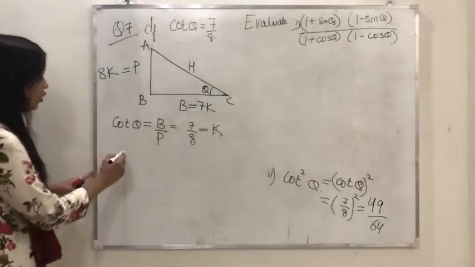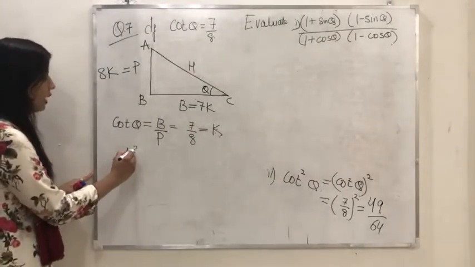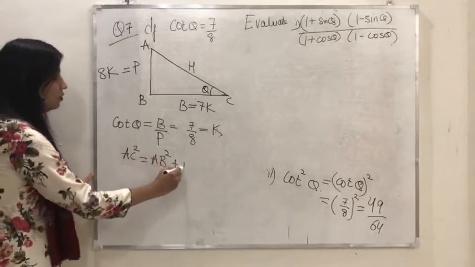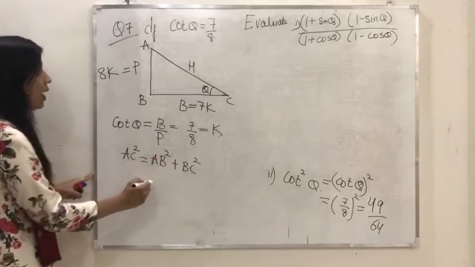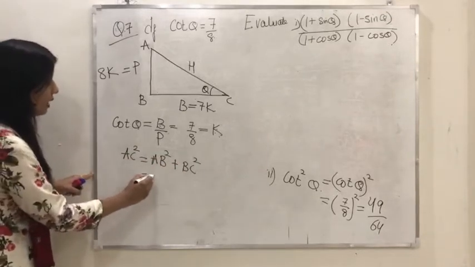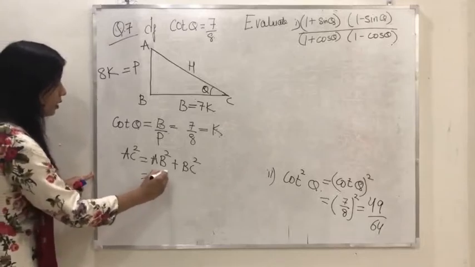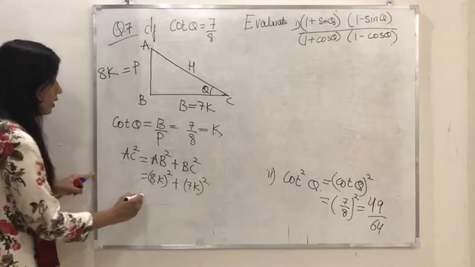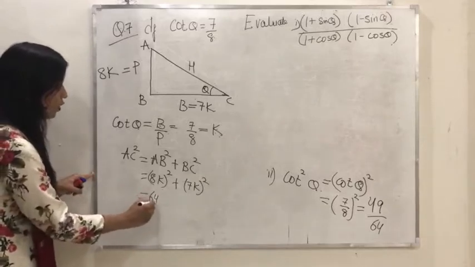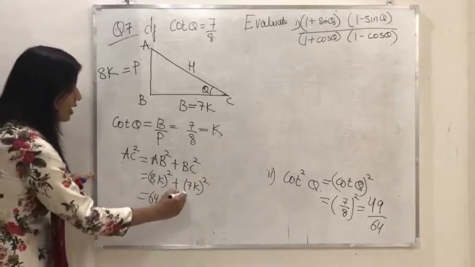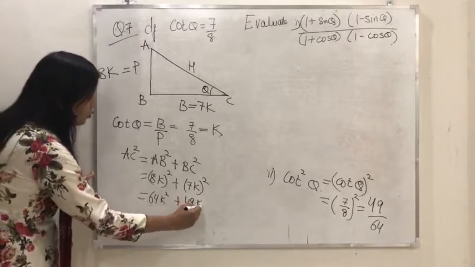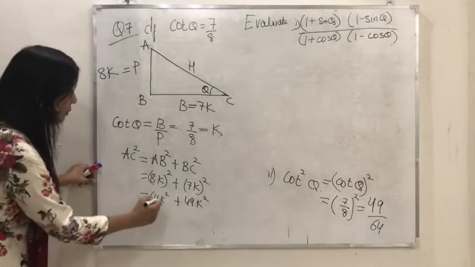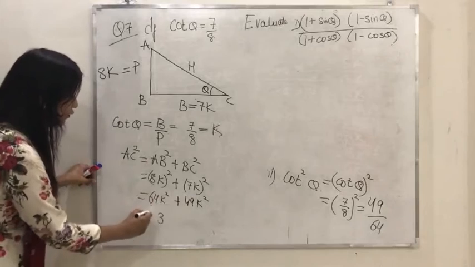Now I will find the value of the hypotenuse using the Pythagoras theorem. According to the Pythagoras theorem, AC square is equal to AB square plus BC square. So AB square is 8K square and BC square is 7K square. So 8 square is 64K square plus 7 square is 49K square. 64 plus 49 is 113.